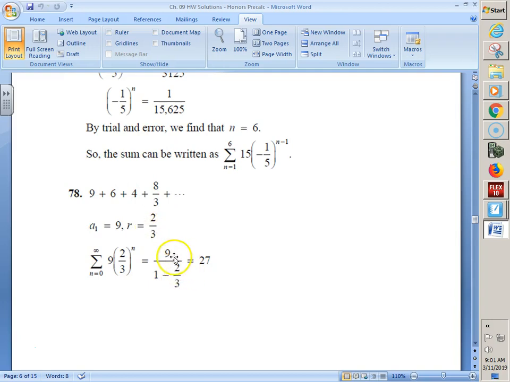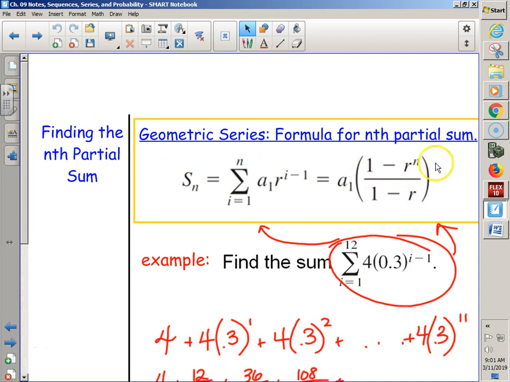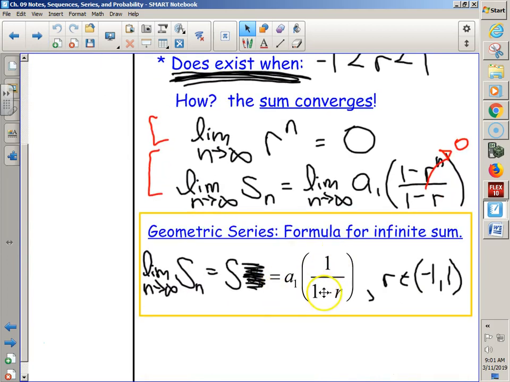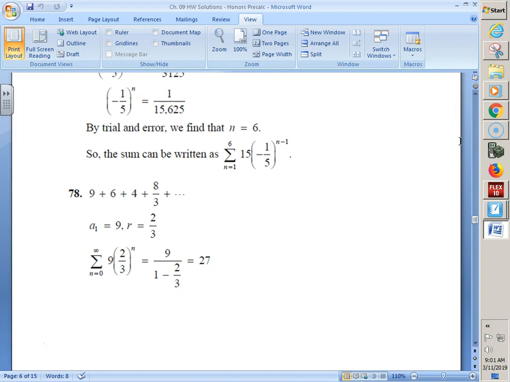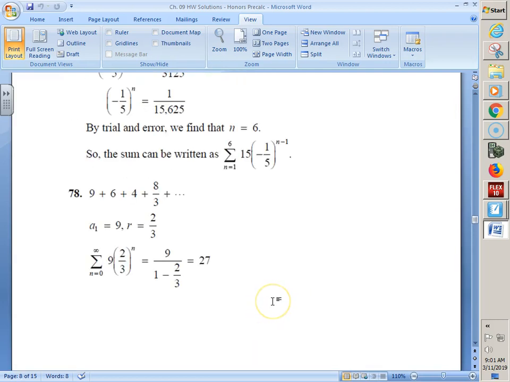So I could plug into my nifty formula, a sub 1 times 1 over 1 minus r, when you ignore that little piece going to 0. So plugging in, you get 27 over 1/3, 9 times 3.